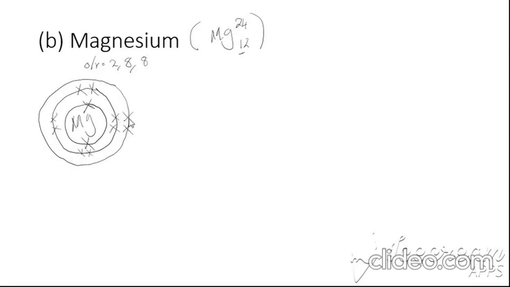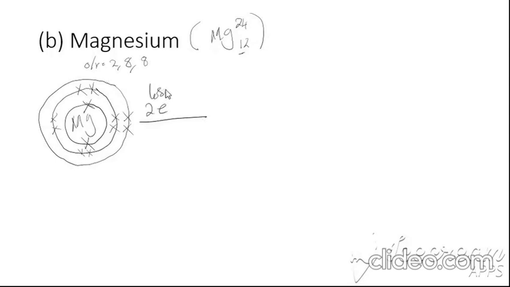No, they are 2. So meaning magnesium is not stable. In this third shell, we must have 8 electrons according to octet rule, but we have 2, meaning magnesium is not stable. So magnesium should lose these 2 electrons so that it can remain with these 2 other stable shells which are obeying what? Octet rule. So magnesium is going to lose 2 electrons.